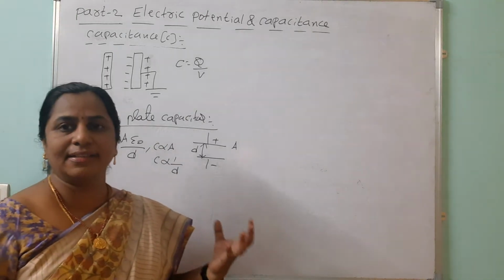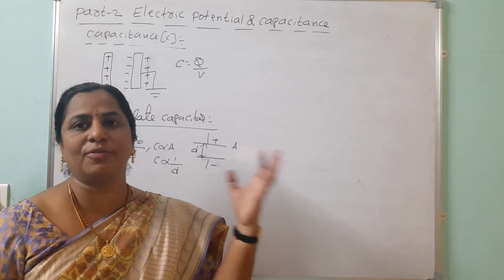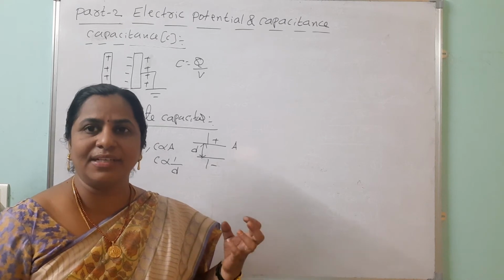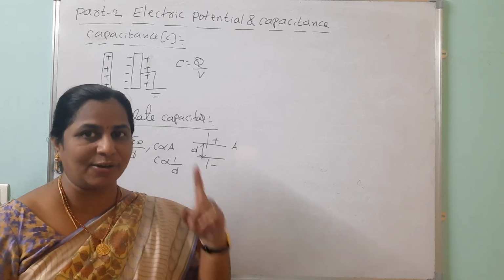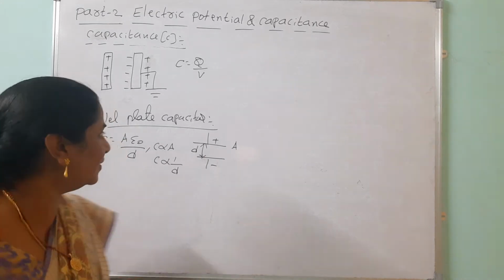When you increase the area, capacitance also increases. Suppose you increase the area to twice, then capacitance also increases to twice. If the distance decreases, automatically capacitance increases, because both are inversely proportional to each other.